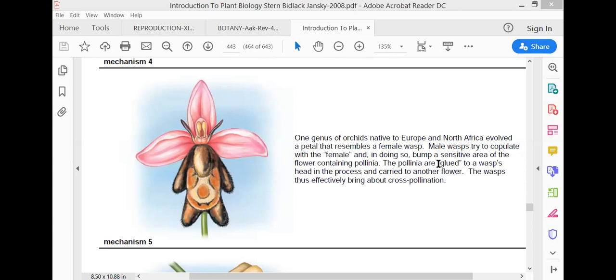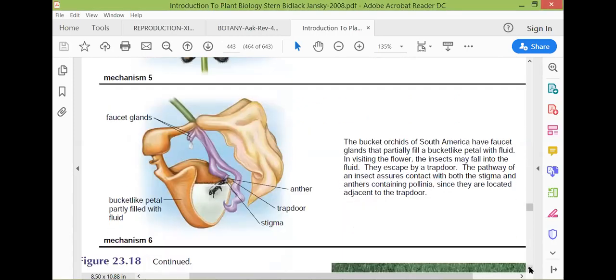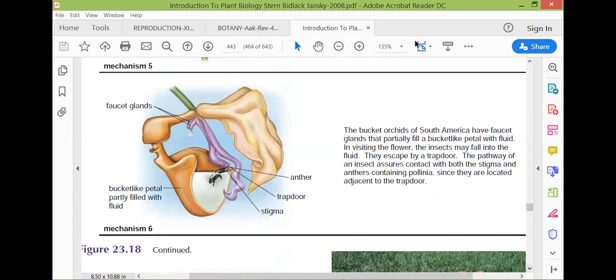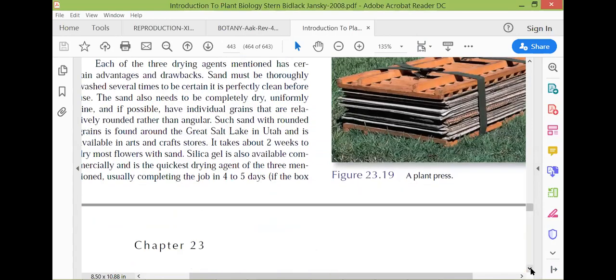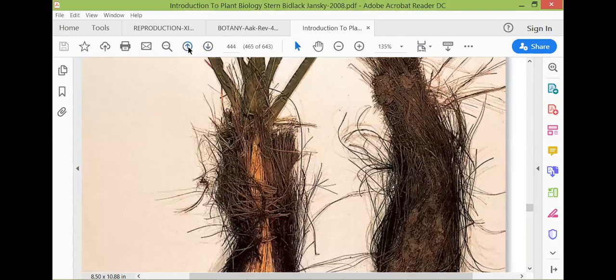The pollinia are glued to the wasp's head and it is gone. Understand? So this is your what? This is faucet gland, bucket-like petal. So you have different mechanisms of how the flower is pollinated.